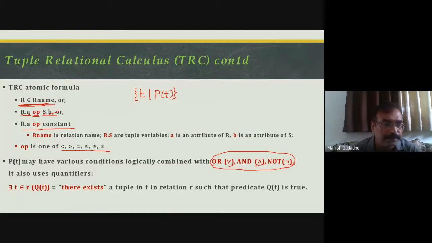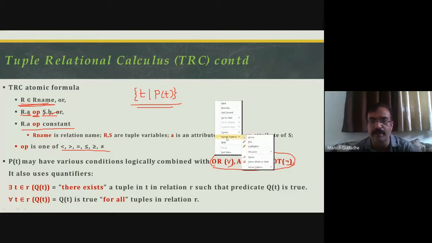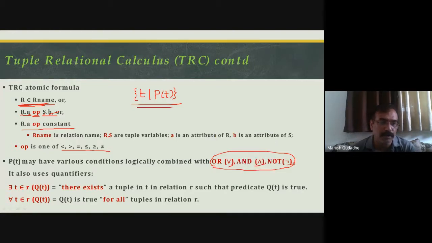Now we can quantify this expression into very particular expressions which have two parts. One is there exists, another part is for all.